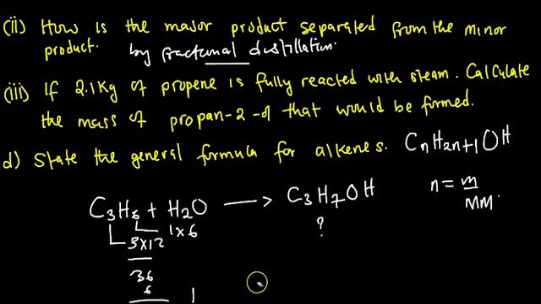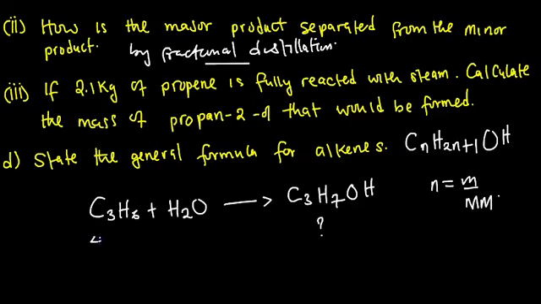So this first part is giving us 42. So 42 kg of propene will react to form what, with the molar mass of this one?